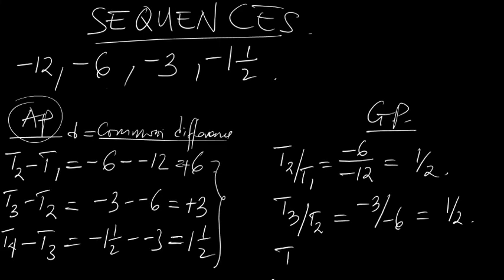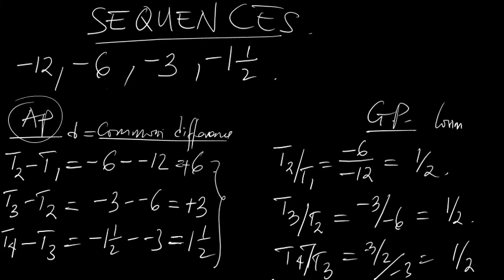So T4 divided by T3. This will give us what? This is minus 3/2 divided by minus 3. So this will also give us half. So now this has a common ratio. Call this common ratio, that's a common ratio which is R. So there is no common difference here.